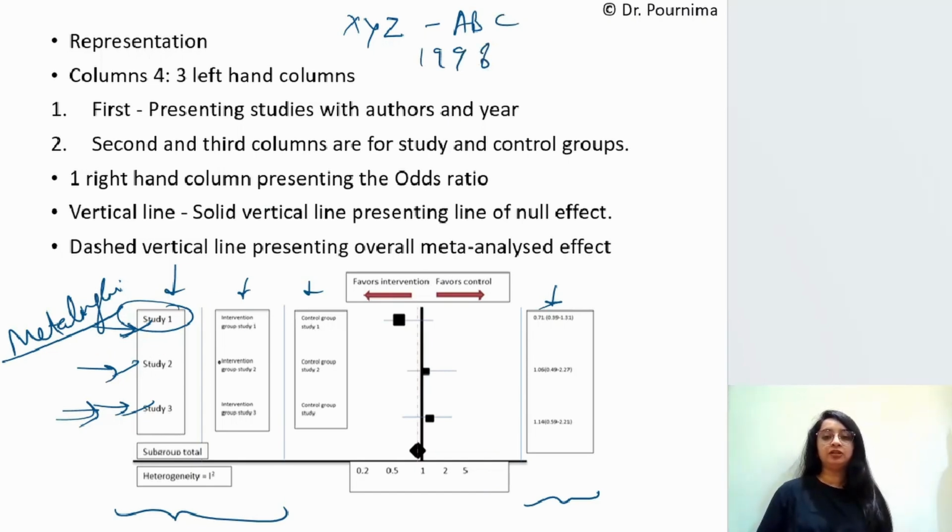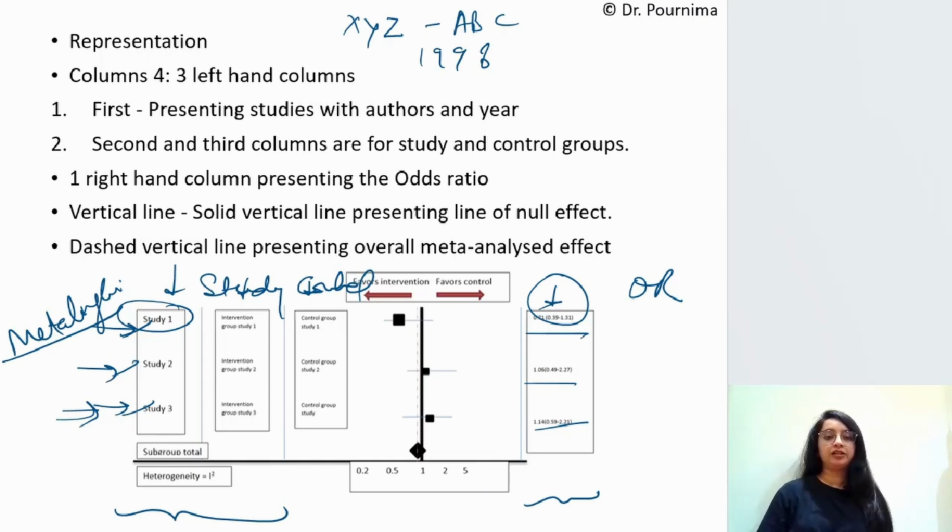Then the second and third columns are for the study group and the control group. In a meta-analysis, we usually have studies which have two arms. These are generally RCTs, and therefore we have to take the result from the study group as well as the control group. So this is how each study will be categorized, and the column on the right hand side will represent the odds ratio. You can see here the odds ratio of the study is calculated.